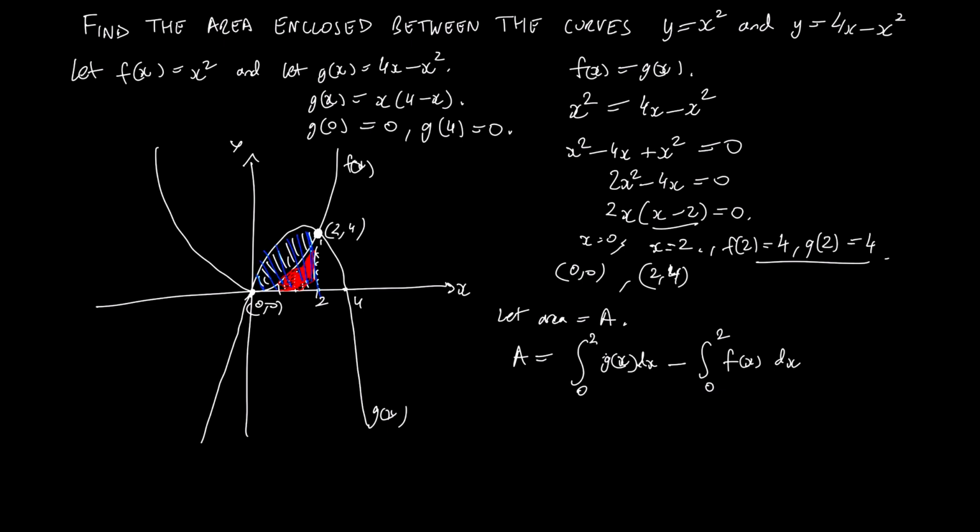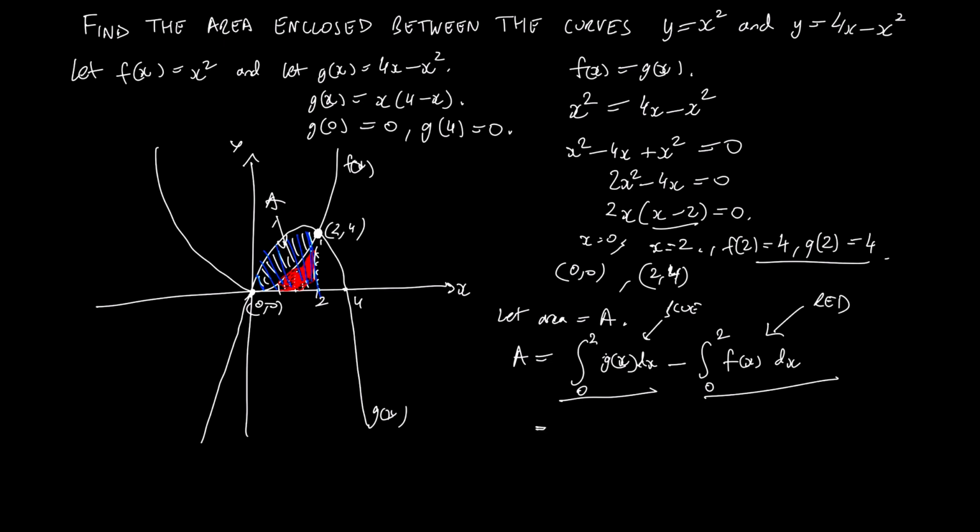So for me to get A, I need the blue region minus the red region. So that will give me the blue region, and this will give me the red region.